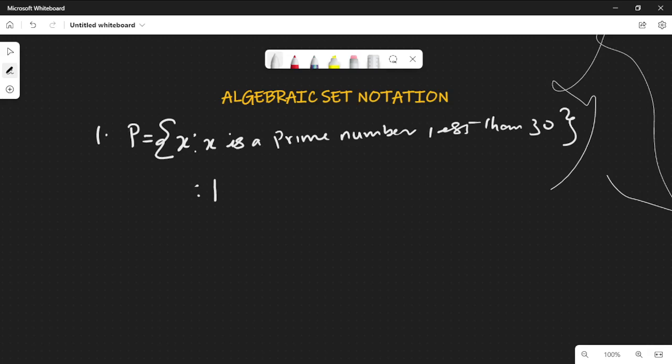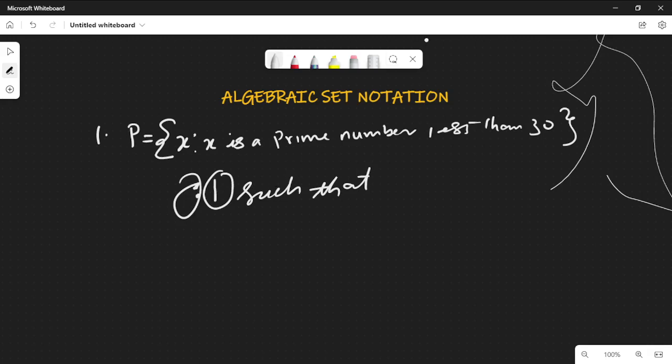Either way, you read it as "such that". So let's read this statement together: P is a set of X such that X is a prime number less than 30. They can either use these two dots or this straight line.